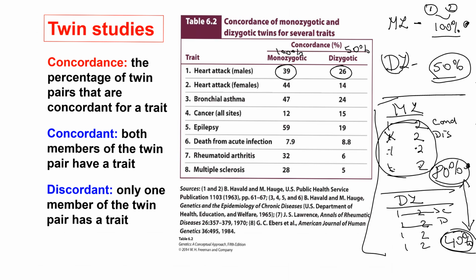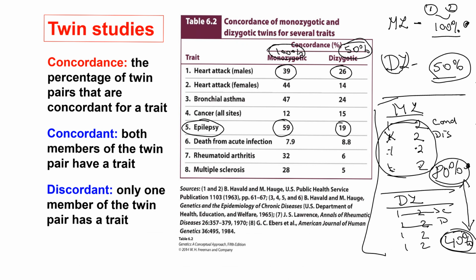However, let's look at, for example, MS, multiple sclerosis, or even better, epilepsy. In epilepsy, 59% of monozygotic twins are concordant, while only 19% of dizygotic are. So it follows the similarities in genes. However, it is not 100% in monozygotic.